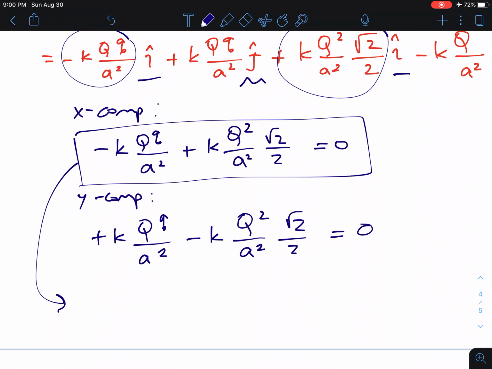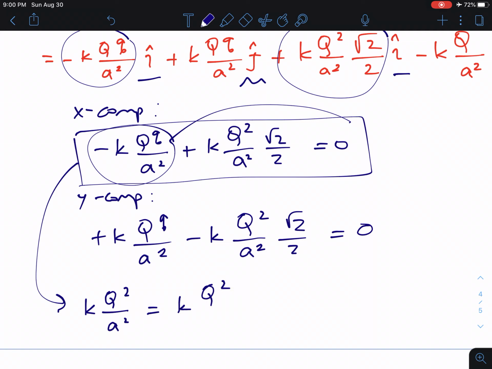So what we have is then k Q squared. I'm taking this on the other side and then switching the sides. K Q squared over a squared equals k Q squared over a squared root 2 over 2. Okay, Q squares go away, a squares go away, k's go away. Oh, I was like, nothing is left, but the equation doesn't make sense because we messed up here.